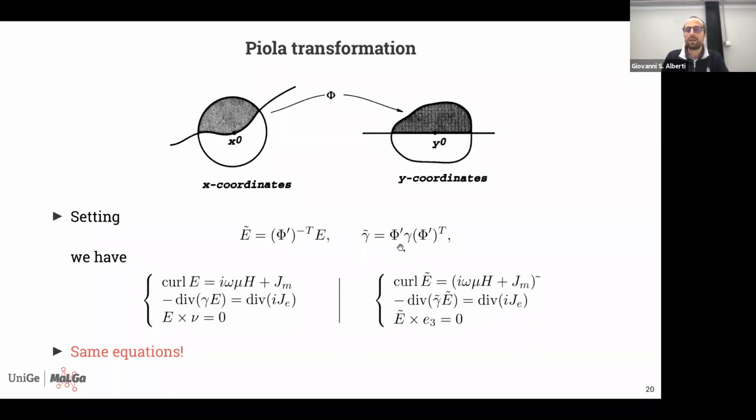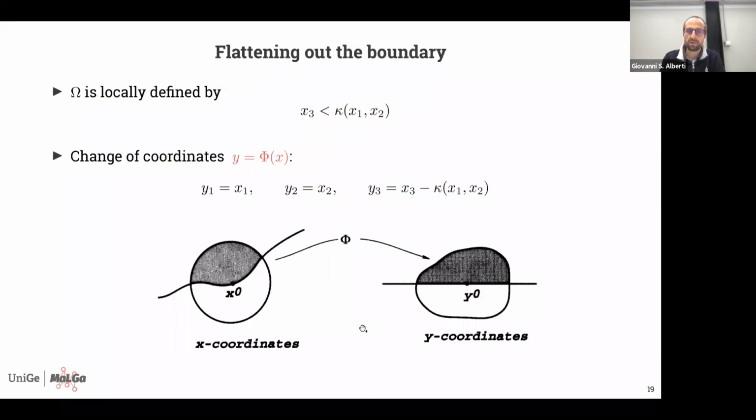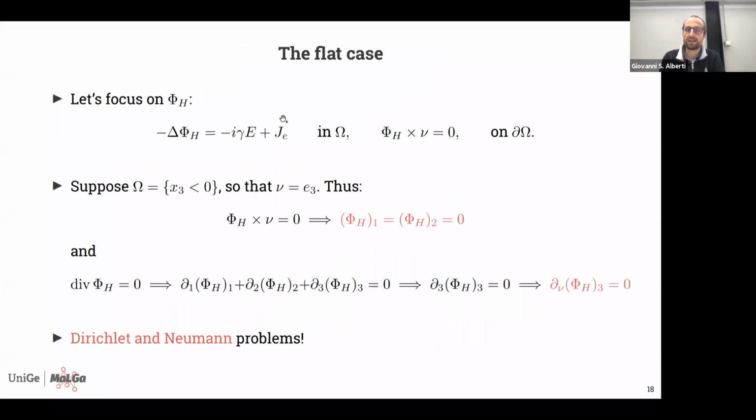and the new objects with gamma tilde and E tilde in a new domain here with, and that's the nice bit about it, the tangential component of E transformed into the tangential component of E tilde. And so the tangential component of E tilde is 0 on the boundary. But then this is exactly the case we studied in the previous slide, with the flat case.